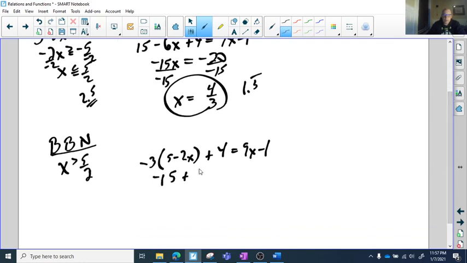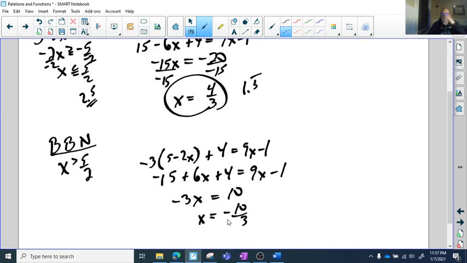So negative 15 plus 6x plus 4 equals 9x minus 1. This will give me negative 3x minus 5. That'll give me 10. And I'm going to get here negative 10/3. Now here's an example that shows why this is important. So this looks like it's an answer, negative 10/3.